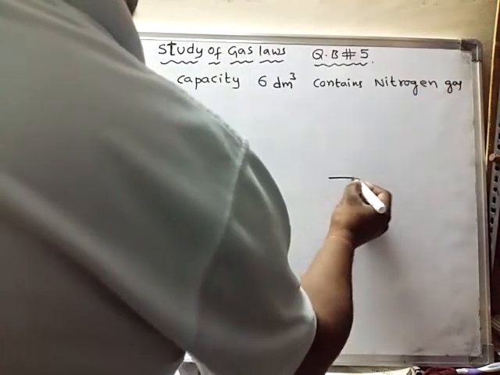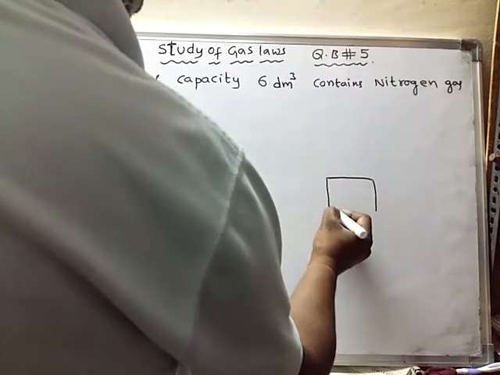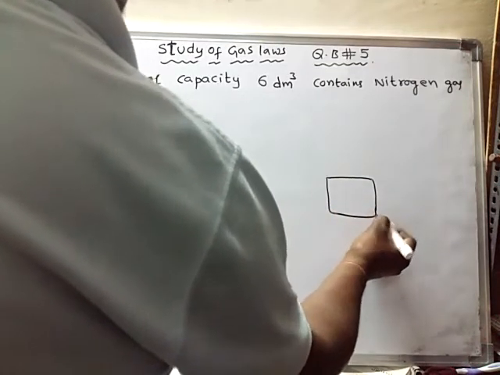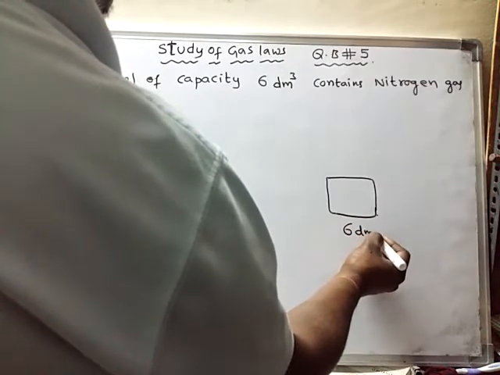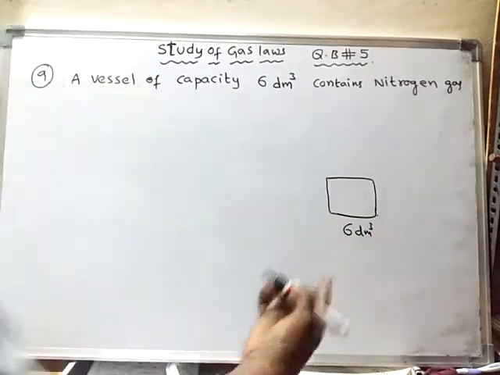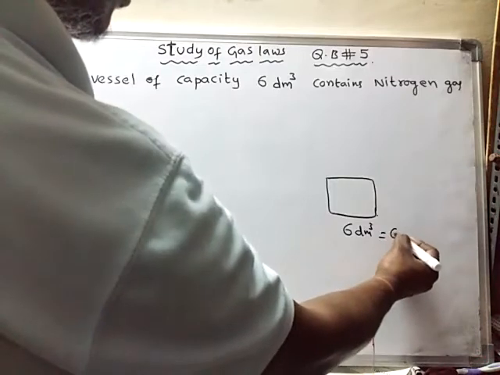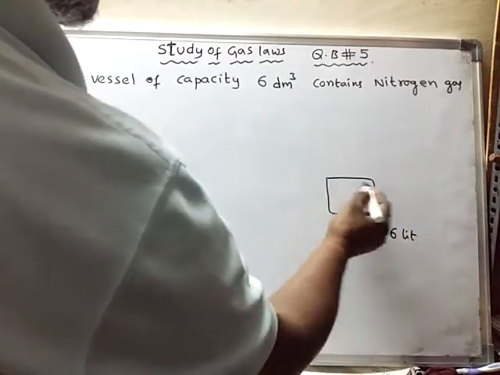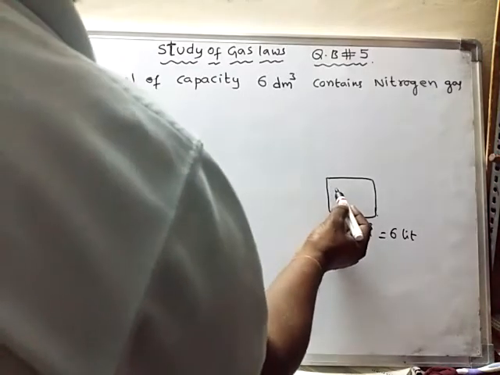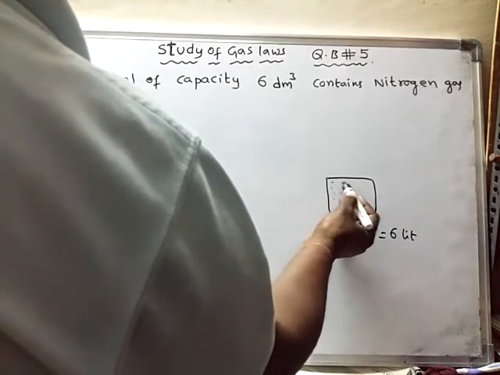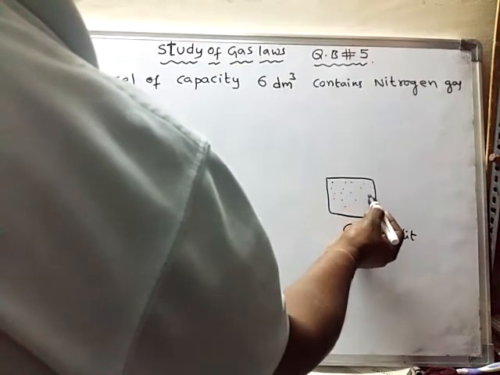So see here, I have a vessel whose capacity is 6 decimeter cube, which is 6 liters, and this vessel is filled with nitrogen gas.